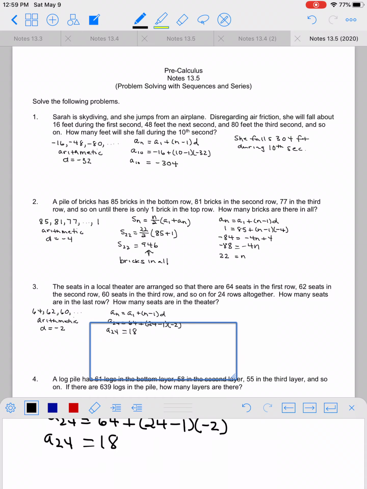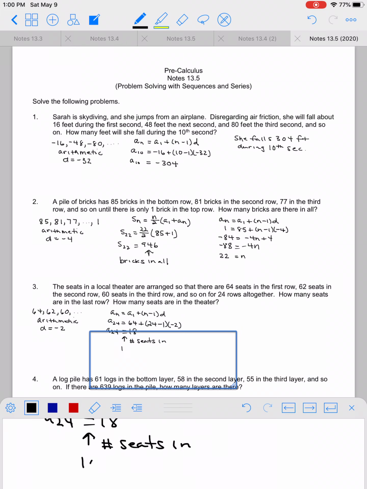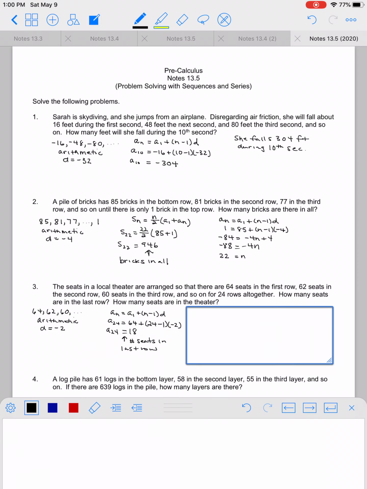So that 18 is the number of seats in the last row. Now, they wanted to know how many seats are in the theater. That implies the sum of this sequence, n over 2, a sub 1 plus a sub n.